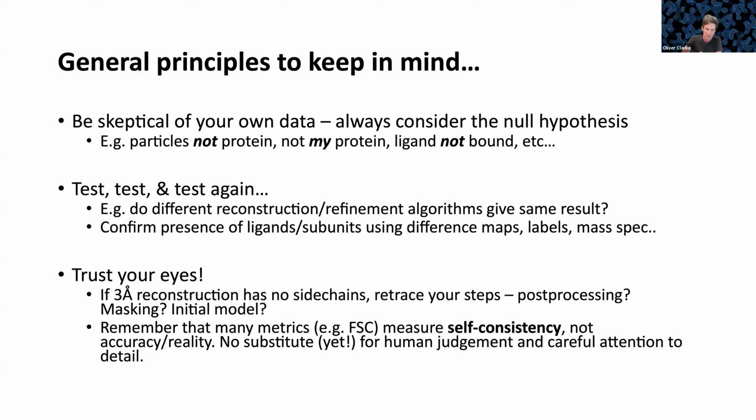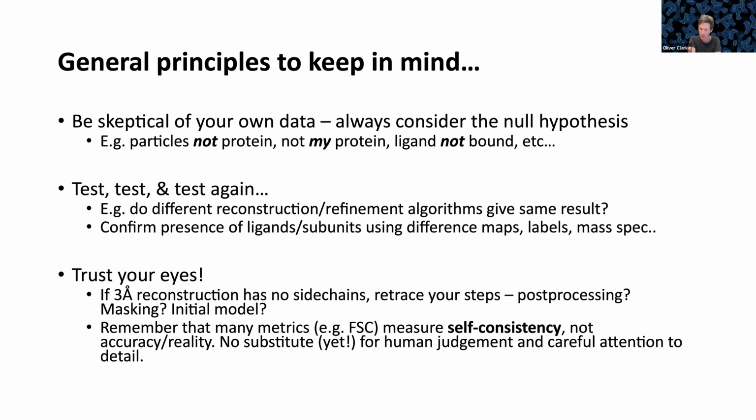So you want to retrace your steps and see, okay, did something go wrong in post-processing? Is the mask I was using for FSC estimation incorrect? What happened with the initial model, the application of symmetry? Where did things go wrong, right? And so on that point, I want you to remember that a lot of metrics that we're going to use and talk about, which are very useful, only measure self-consistency.